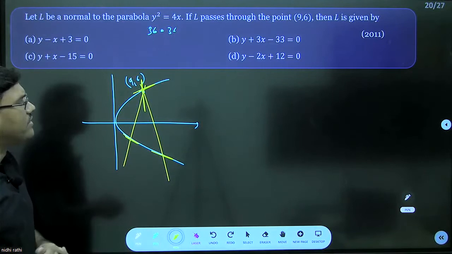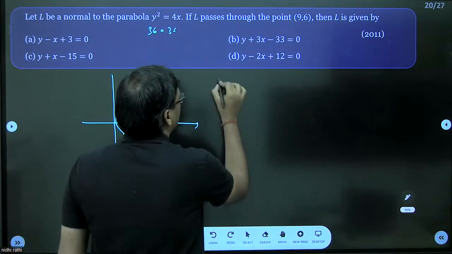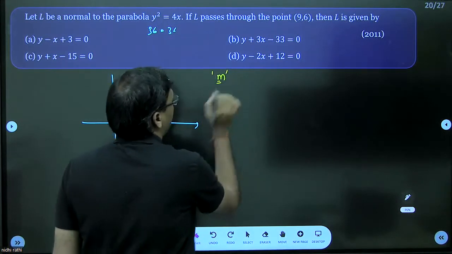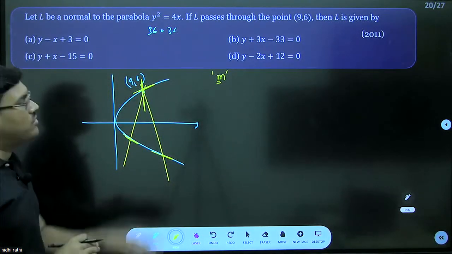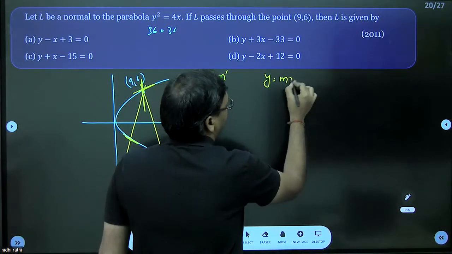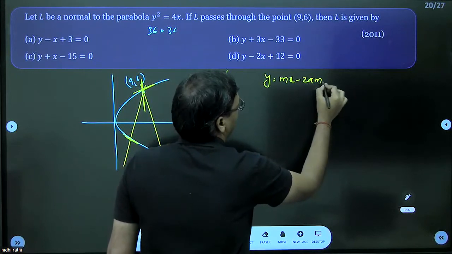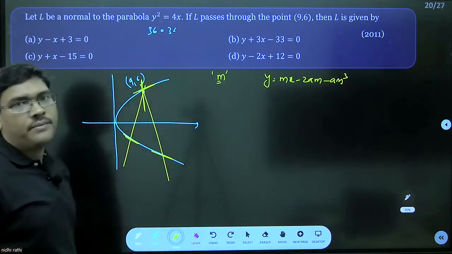So how will you find this normal? Let's say the slope of normal is m, right? Now what is the equation of normal to this parabola whose slope is m? This is y is equal to mx minus 2am minus am cube. This is the equation of normal with slope m.